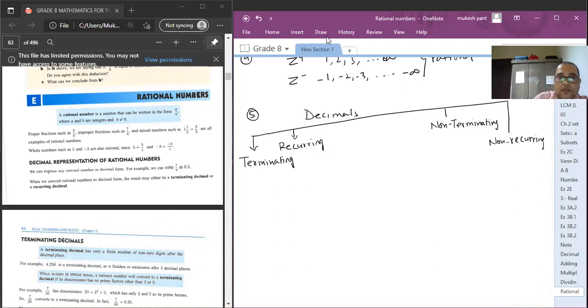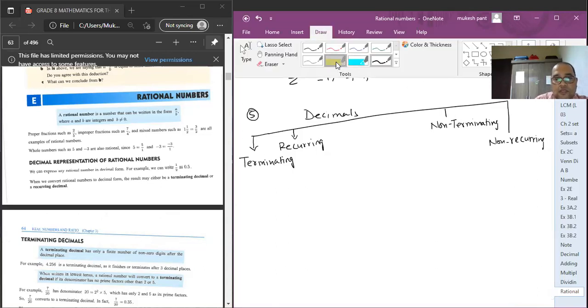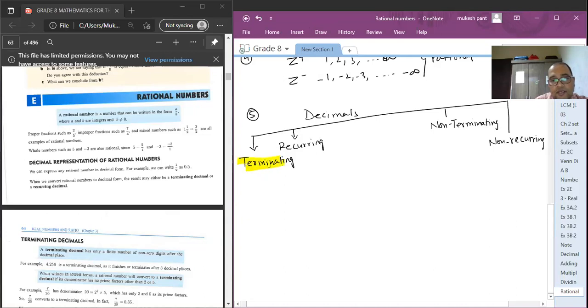So if the decimal is terminating or recurring, this portion will be rational.